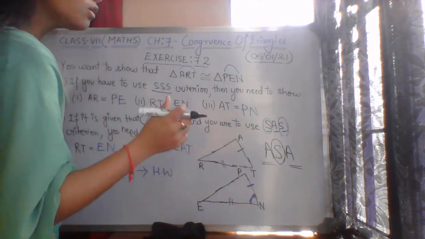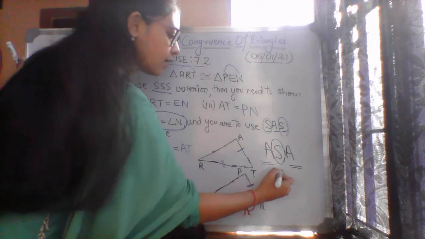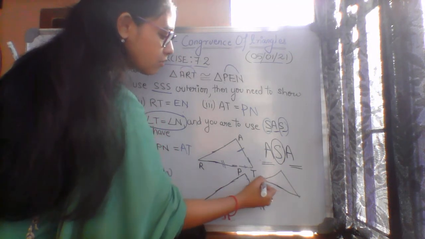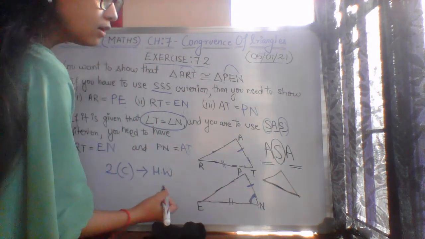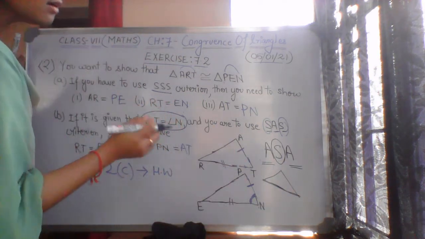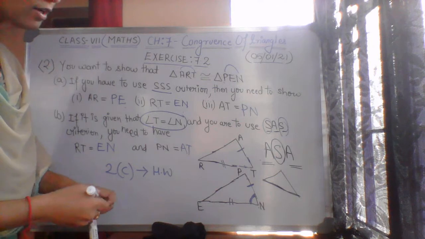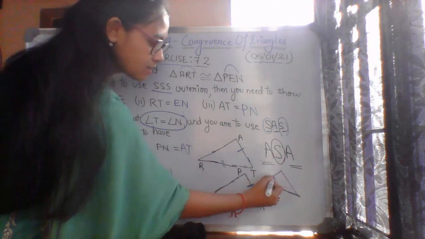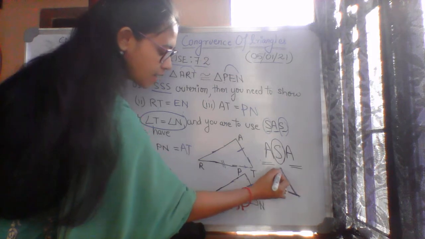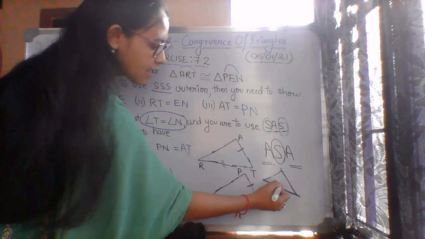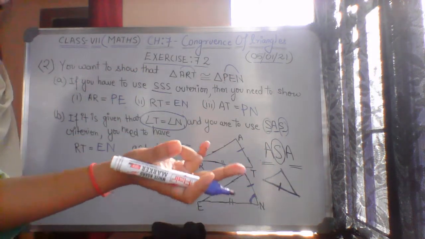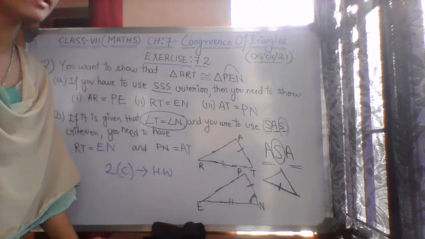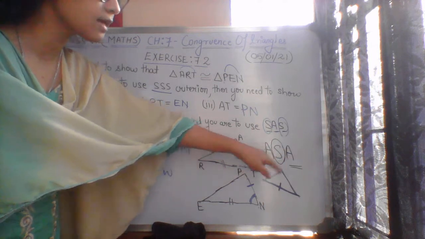So according to ASA, if they have given that this side is equal to the side of another triangle, which two angles will you take to prove ASA?